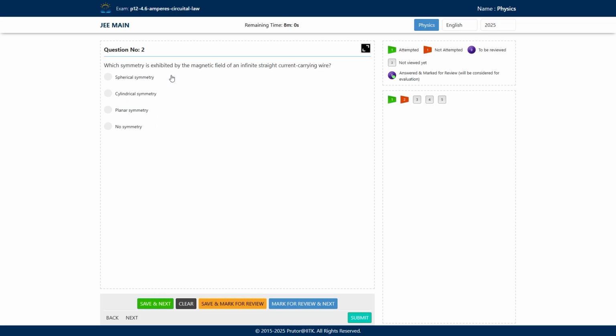Which symmetry is exhibited by the magnetic field of an infinite straight current carrying conductor? Spherical symmetry, cylindrical symmetry, planar symmetry, or no symmetry?